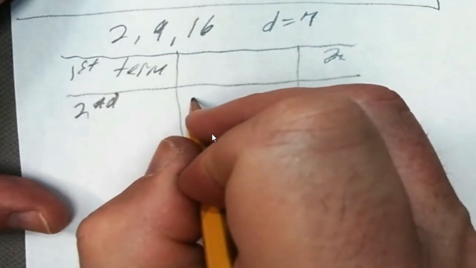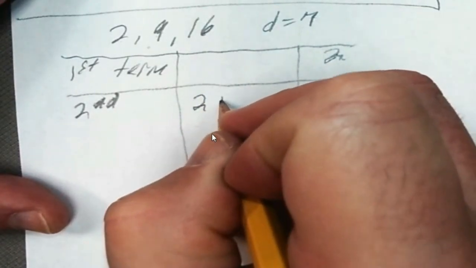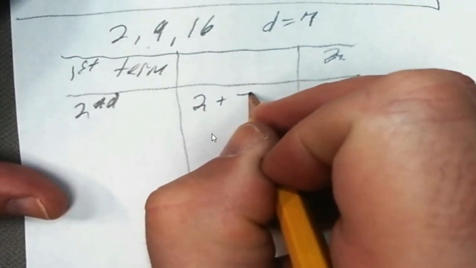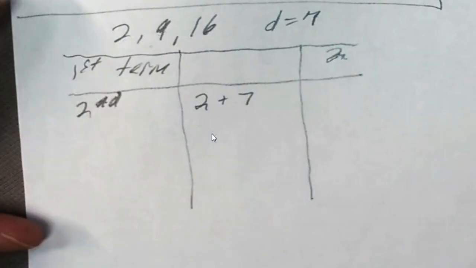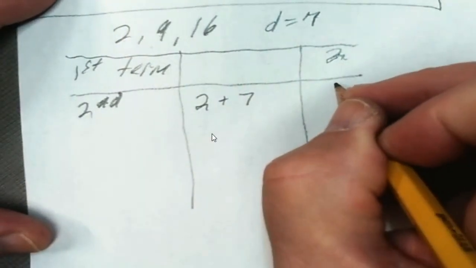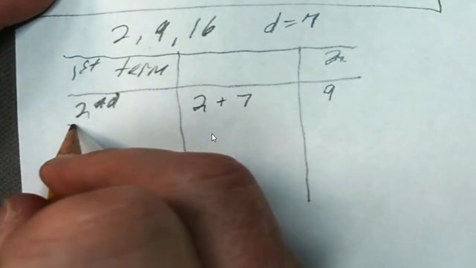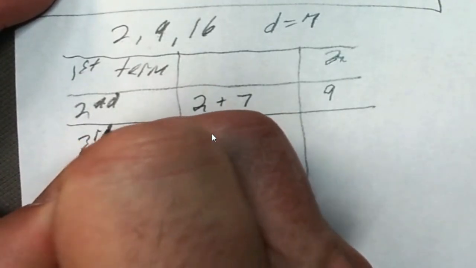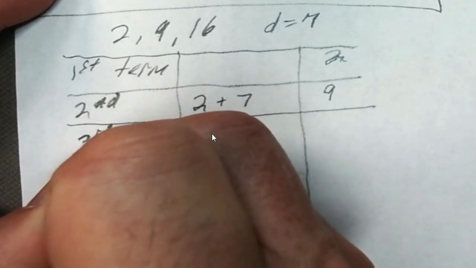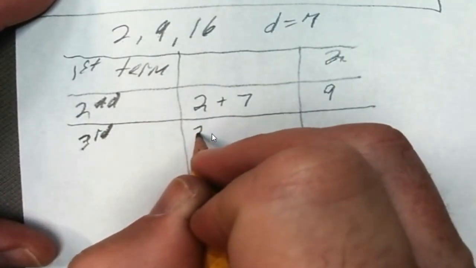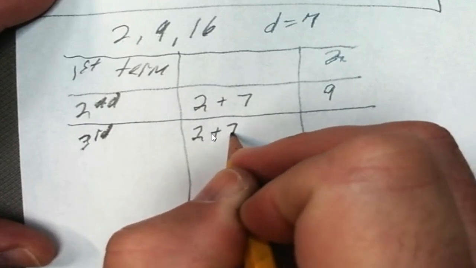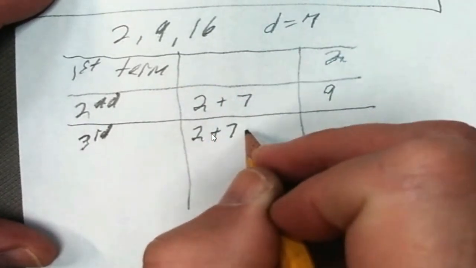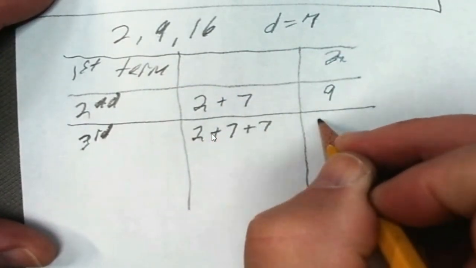So if we take the first term and we add 7, we get the second term of 9. And if we do the third term, and let's say every time we take the one above it, we take the first term and we add 7 to get this one, add another 7 to get this one.